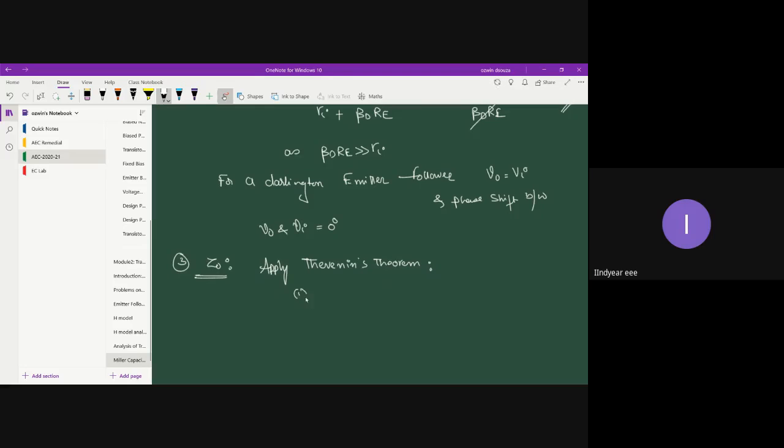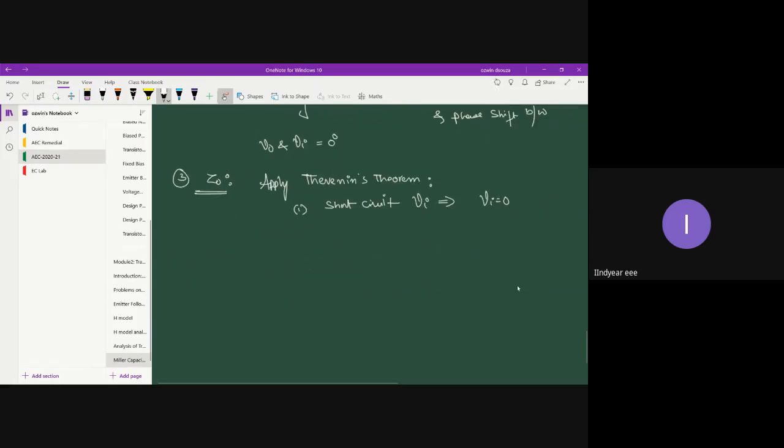That is, short circuit Vi, which implies Vi is equal to 0, and you can open circuit the ideal current source. But I will stick to the approach used in the Boylestad textbook, and in the later half I will propose my approach.